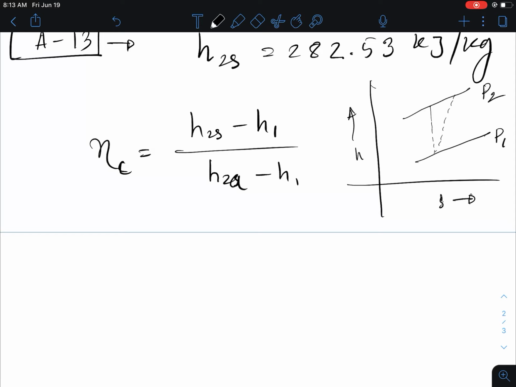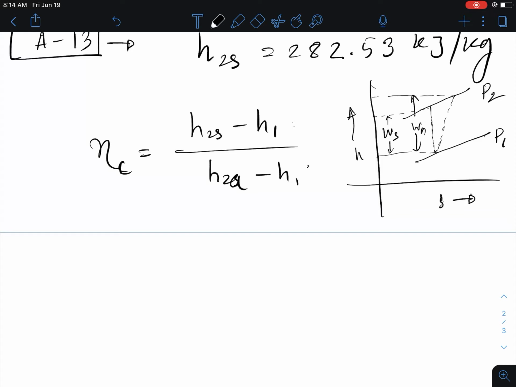That means the isentropic work versus the actual work. So this is the isentropic work and this is the actual work, right? For isentropic work, it's this one minus this one. So the isentropic work Ws, and the actual work Wa, which is the top one.